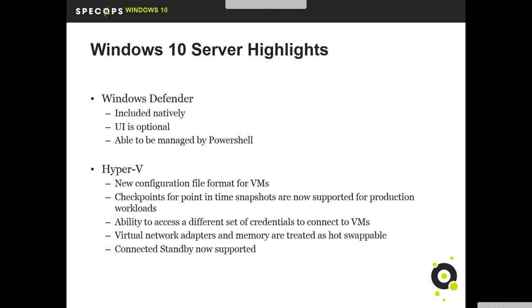But one thing is that from day one, you're going to have anti-malware built right into the OS. Hyper-V, they're going to have a new configuration file format for VMs, which is nice. There's going to be checkpoint time snapshots now supported. One thing I like about it is that virtual network adapters and memories are now treated as hot swappable. So if I want to increase memory, no more having to shut down the VM, do it, and bring it up. You could just do it hot swappable and on the fly.